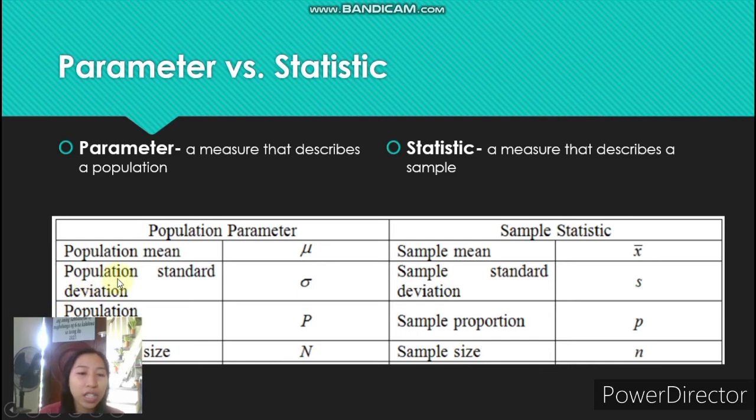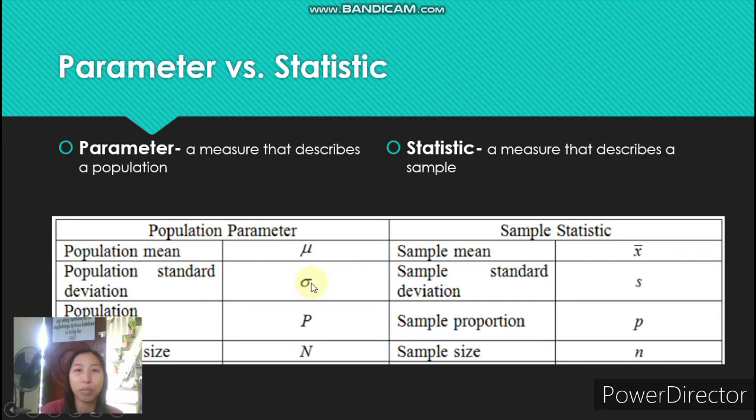Population standard deviation, you have sigma. This table is missing the variance. So, population variance should be sigma squared. Remember, sigma squared. It does not appear in the table, but it exists.